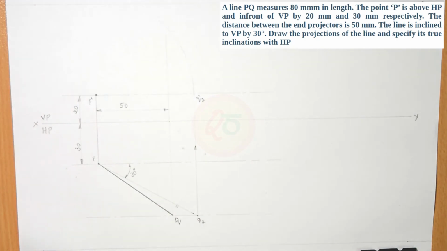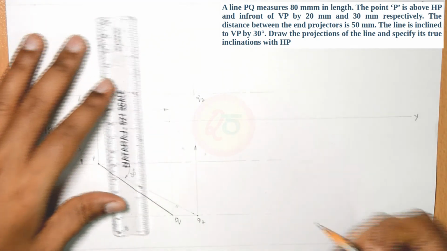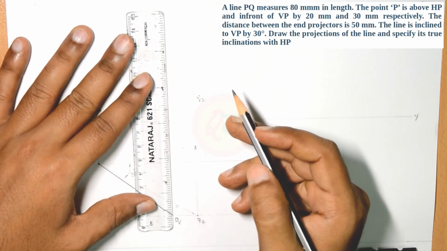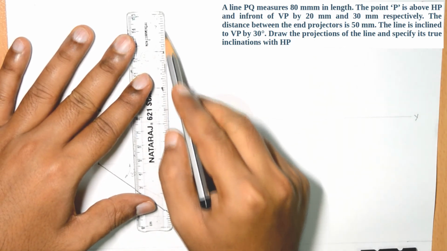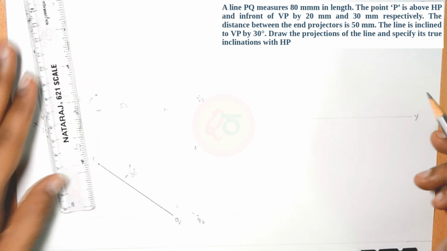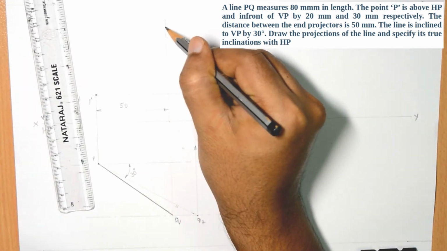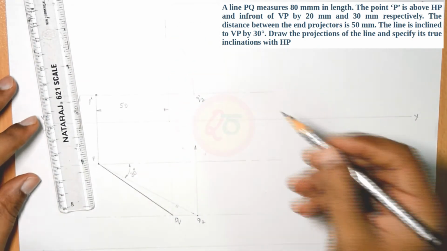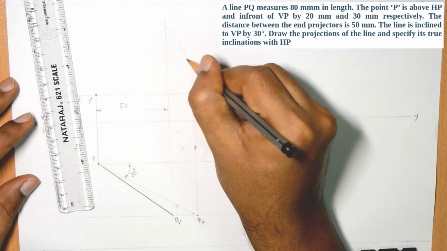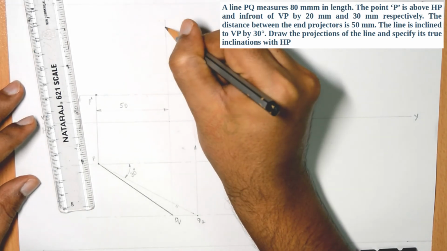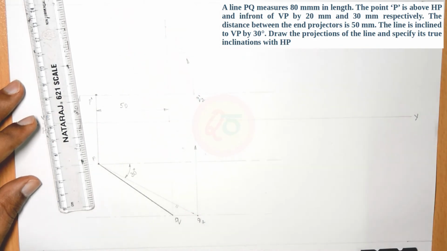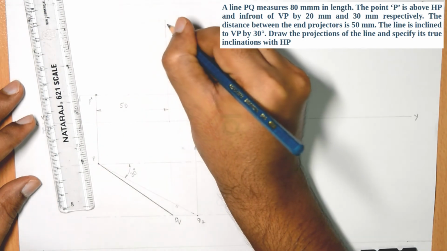I need to extend the end projector line further, the 50 mm distance from P P dash. Now this is the point where the arc and the end projector intersect. That point is the required point Q dash.